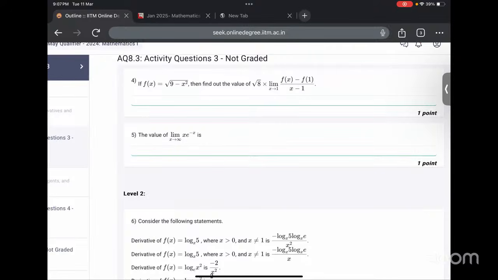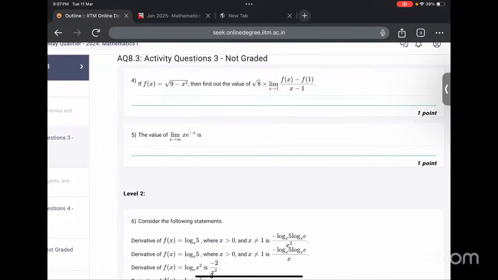So we basically have 9 minus x square to the power half. If we do the derivative, then half will be multiplied. So it will be half into 9 minus x square to the power half minus 1. That means minus half, right? So this minus half will be basically 1 over root over this number. Then basically we are applying the chain rule here. Okay, ma'am. Thank you. We got confused. Okay, is it fine?